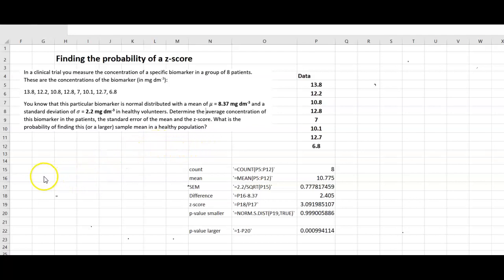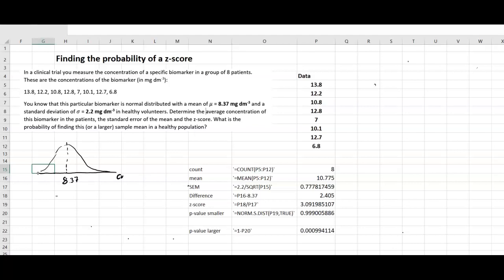So what this actually means is that if we look at the distribution of this biomarker in the population, we would find a normal distribution like this. And here it is centered around the mean, which is 8.37 milligram per decimeter cubed.